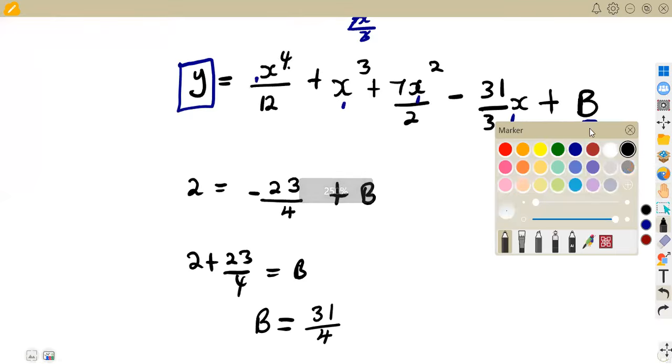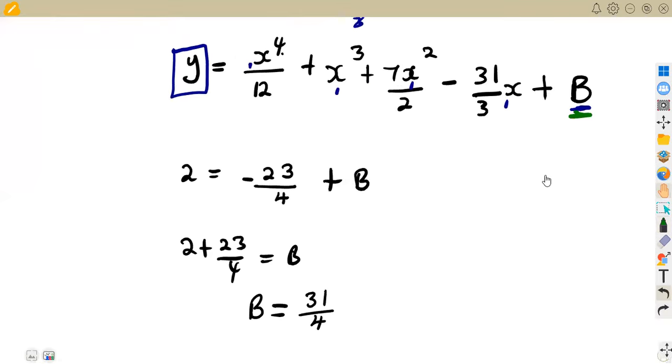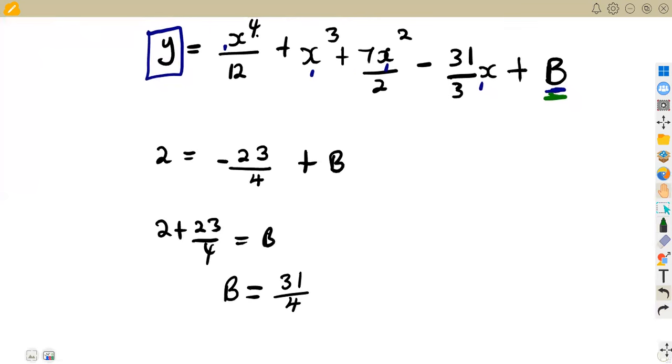So with this part now, we can conclude, because what we need here is a conclusion of this part, because we determined our b. So we conclude to say, therefore, our y in this case is going to be written as, remember, that's x to the exponent of 4. So you can write it as 1 over 12 x to the exponent of 4 plus x to the exponent of 3.